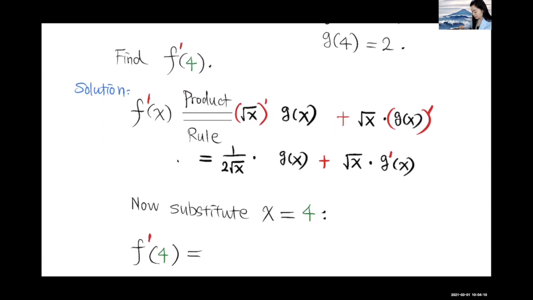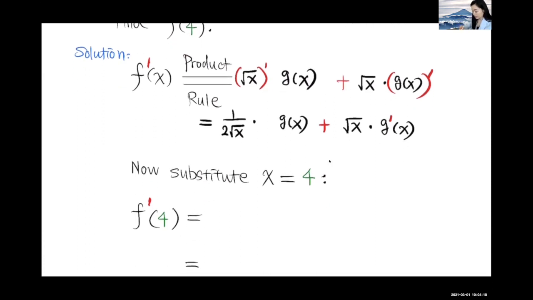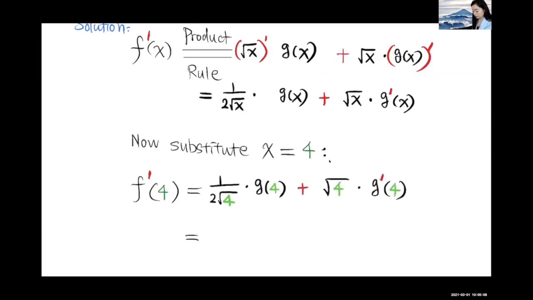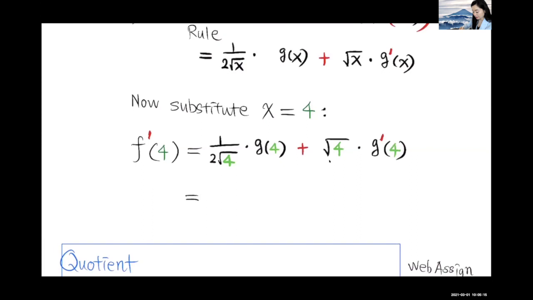All right. So now we can substitute. We're trying to find f prime of 4. So we're going to substitute 4 into x. Okay. So we substitute 4 into x to find f prime of 4. So simplify here, we got 1 over 4.